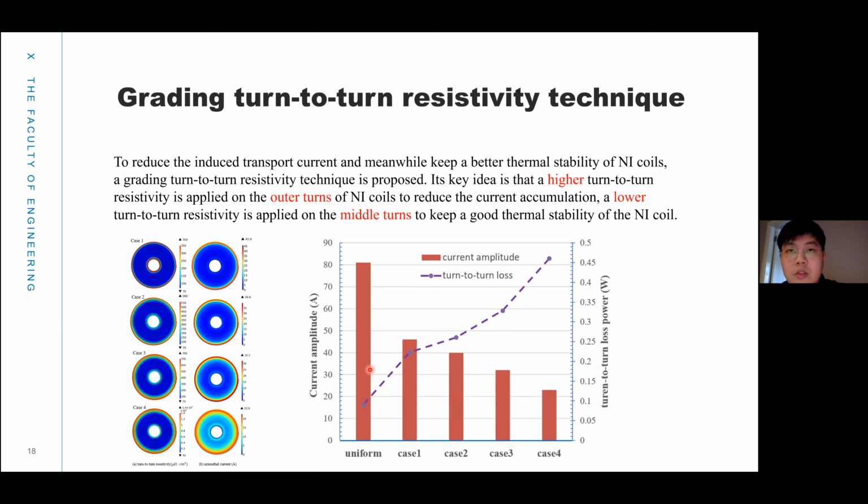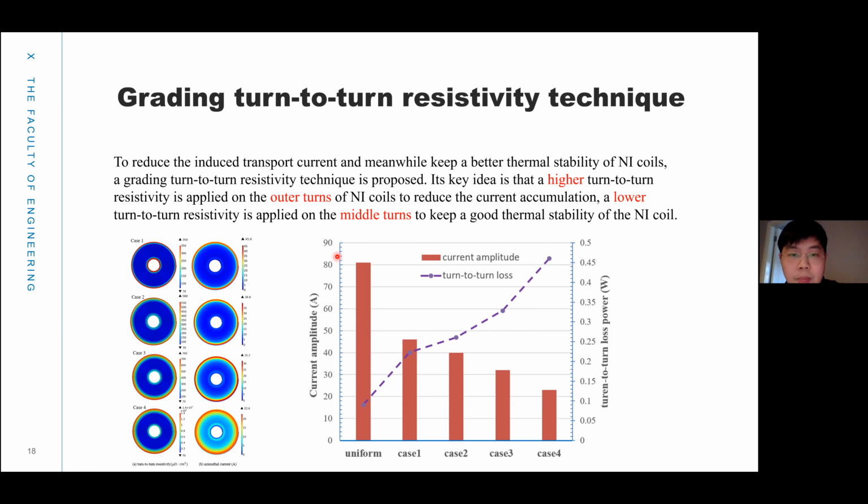So we suggest one possible solution for using the NI coil in an HTS rotor: a gradient turn-to-turn resistivity technique. When winding the NI coil, we can use different tension in different turns.